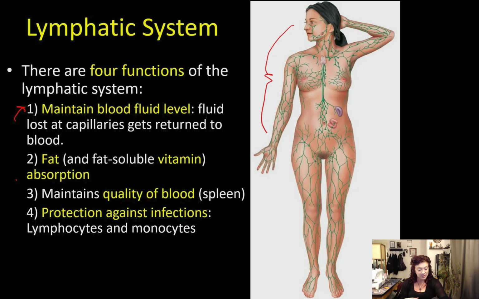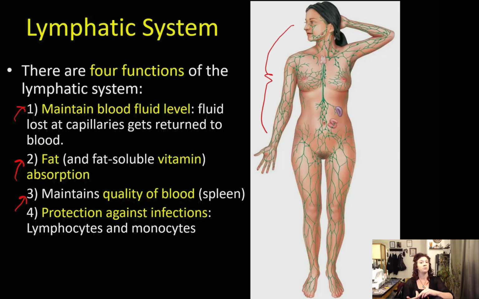The lymphatic system is also really good at absorbing fat and any fat-soluble vitamins. It also helps to maintain the quality of your blood by promoting the filtration of fluids in the blood, filtering out pathogens, microbes, anything that doesn't belong, which helps purify the blood.